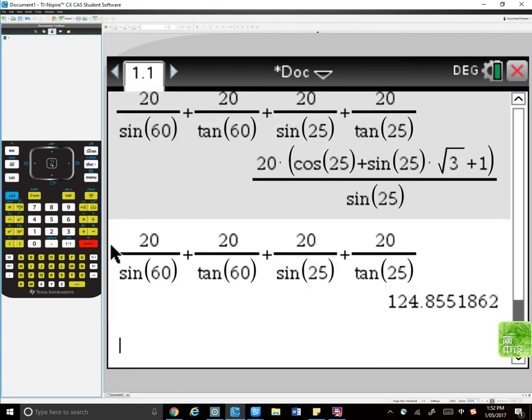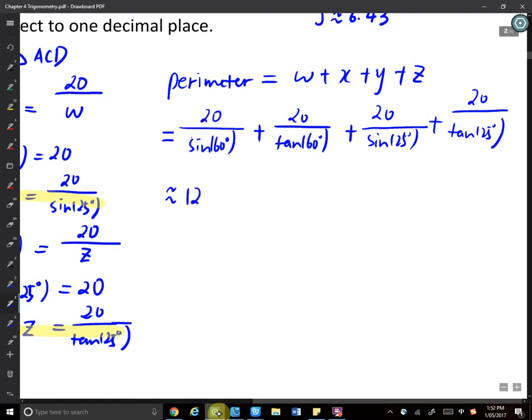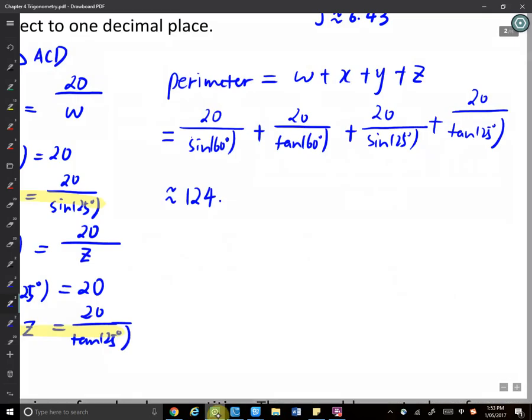Control and enter, it gives me 124.86. Okay, 124.86. To 1 decimal place, the 9 rounds it to 124.9.